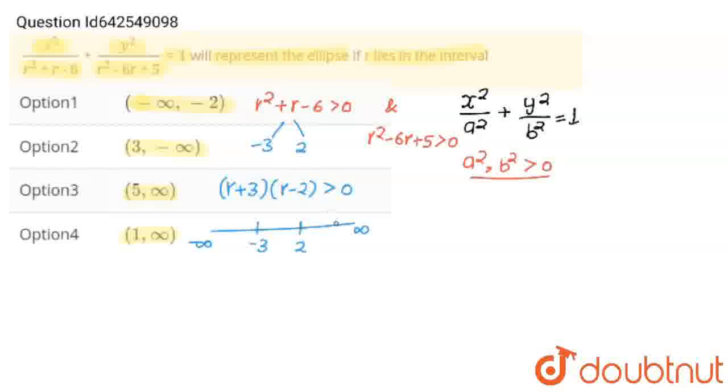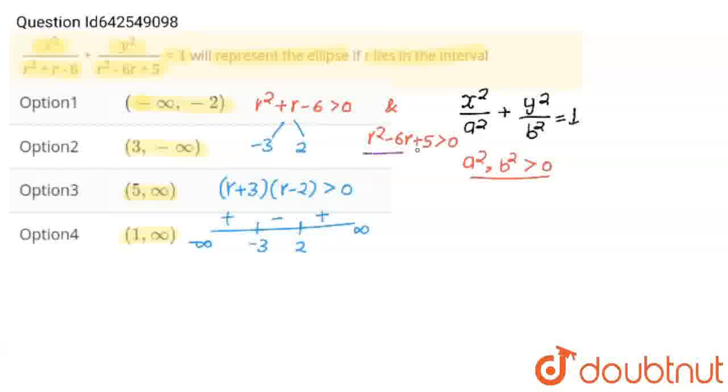If we take any number greater than 2, this whole term will be positive, and if we take any number between minus 3 and 2, this whole term will be negative. And if we take any number less than minus 3, this whole term will be positive. You can check by taking any number in each range. We need positive, which means this expression will be positive when r lies in minus infinity to minus 3 or 2 to infinity.